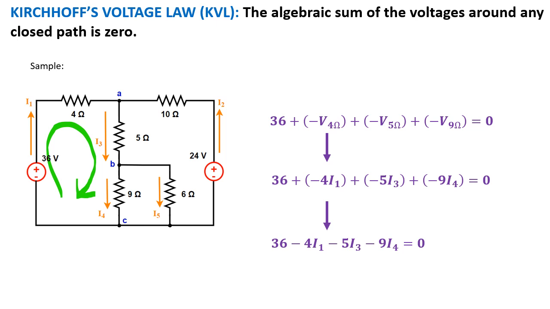So that's 36 minus 4I1 minus 5I3 minus 9I4. That's the process every time you apply KVL in a particular network, in a particular loop. Voltage drop across resistors whose current is the same as your loop direction should be negative, and positive otherwise.